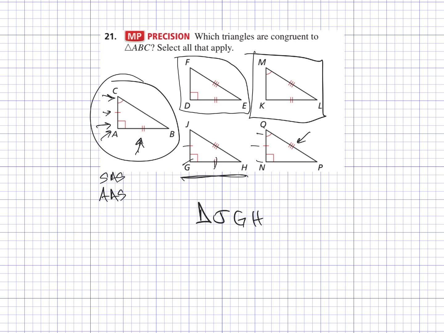We have hypotenuse leg, but we can't use that. So, I'm sorry, we do have angle, side, angle here. That does work, okay? I didn't put that down there, angle, side, angle. So Q and P. So those would be your two answers.